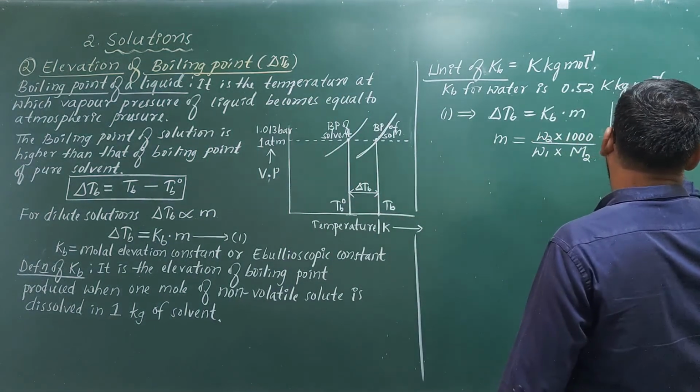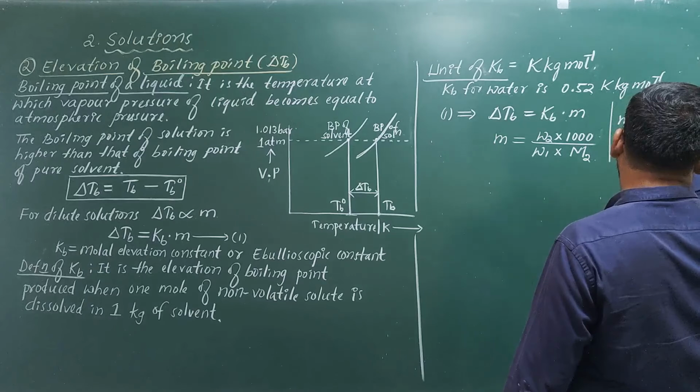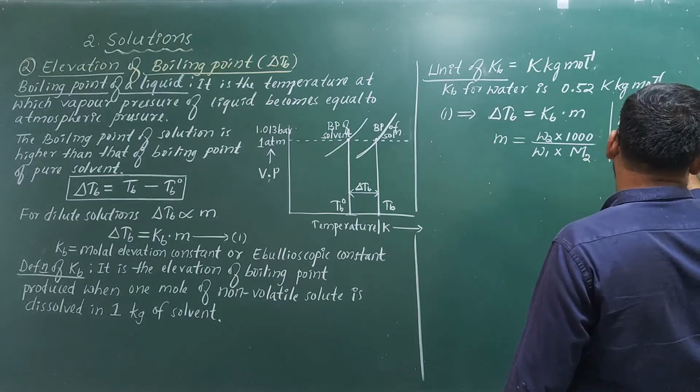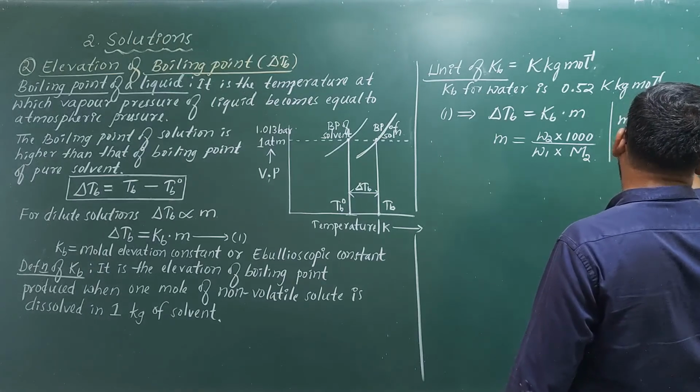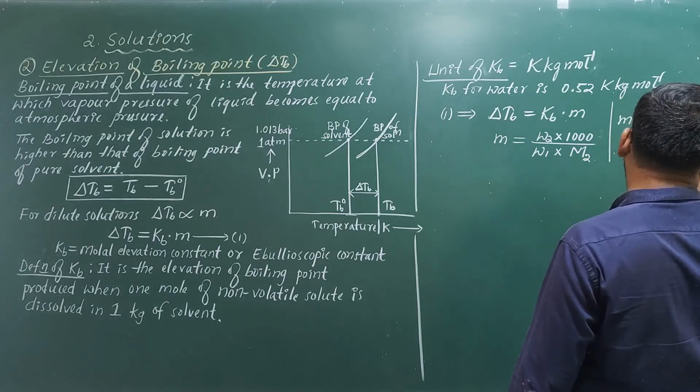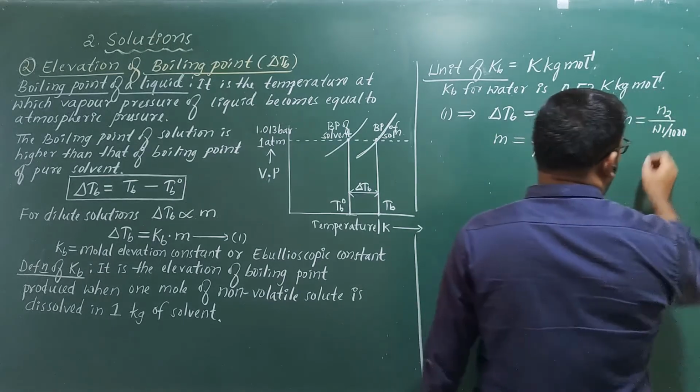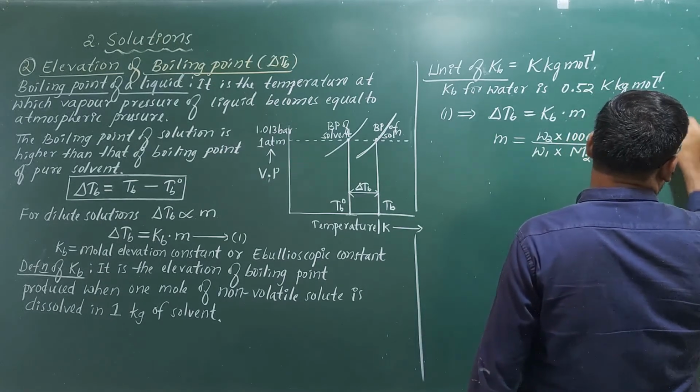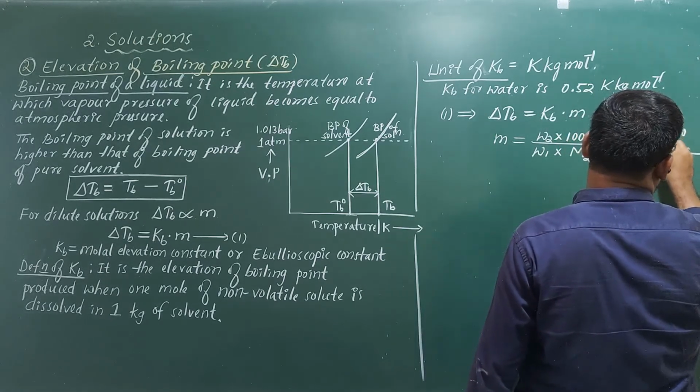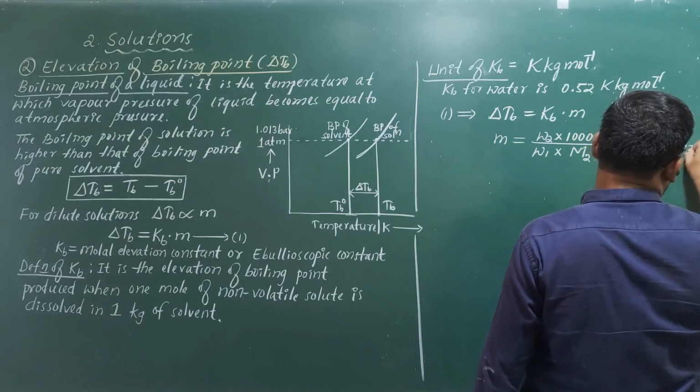How it comes: molality small m is nothing but the number of moles of solute N2 divided by the mass of solvent in kg, W1 by 1000. What is N2? Number of moles of solute. It is given by W2 divided by M2.